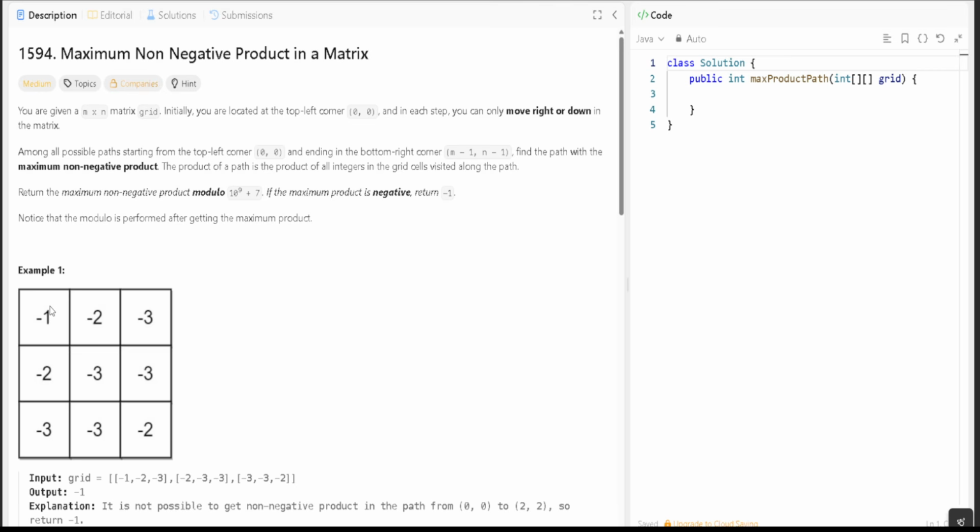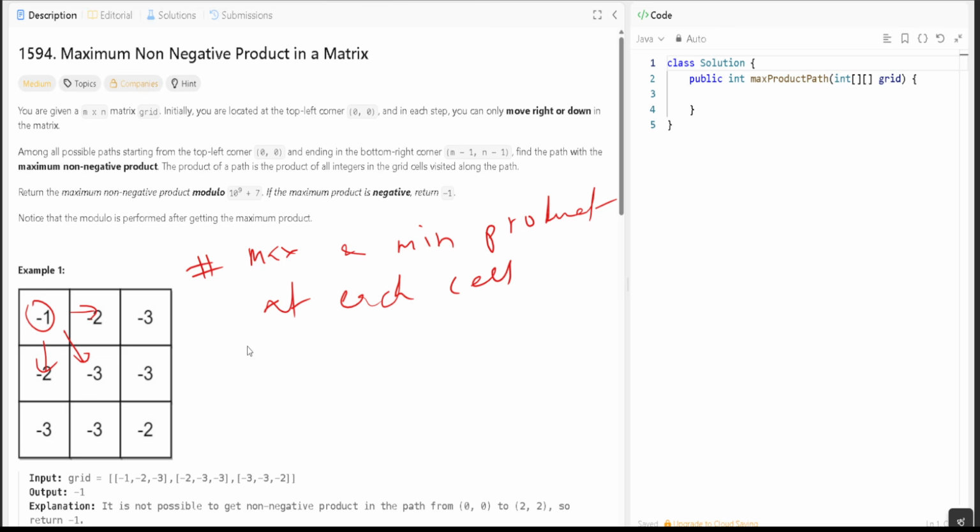Let's suppose we start from the very beginning. Whenever we move to any cell, we can go to this cell or this cell. At each cell, we need to find both the maximum and the minimum product, because multiplying a large negative by another negative will give a positive value.